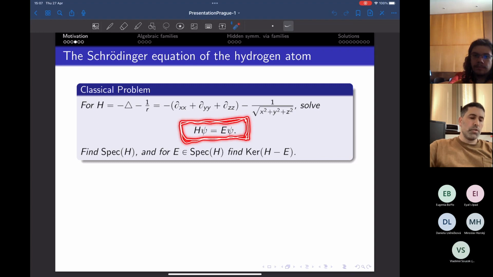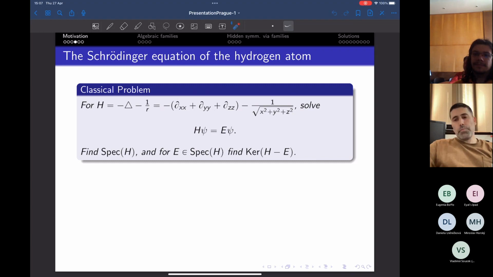You solve this equation. H is a differential operator. The differential operator is the negative of the Laplacian minus 1 over the Euclidean radius, the Euclidean distance. And you solve for all functions. You look for all complex numbers, eigenvalues or energies, for which there is a non-zero solution. A solution is a function on space.